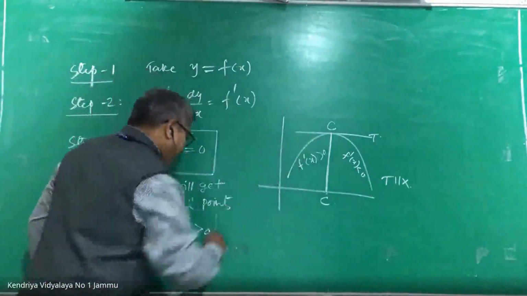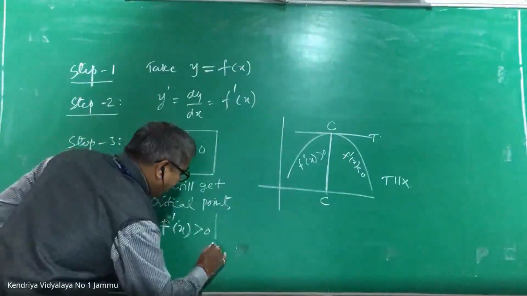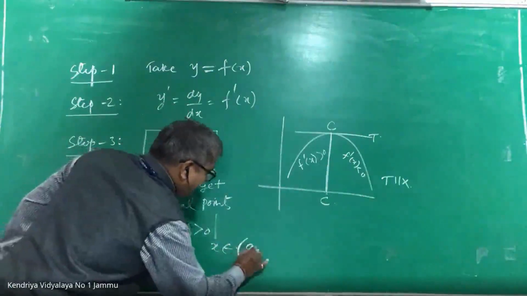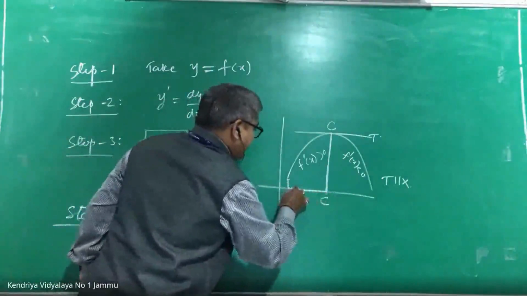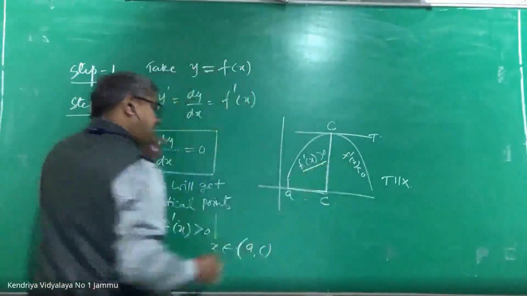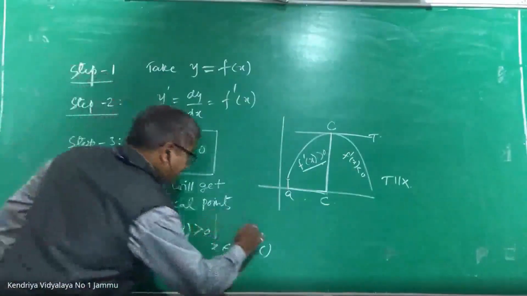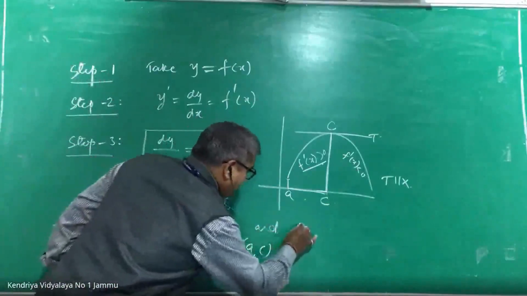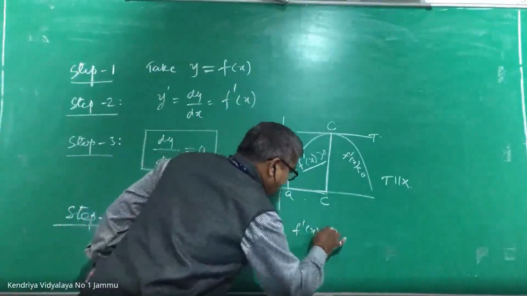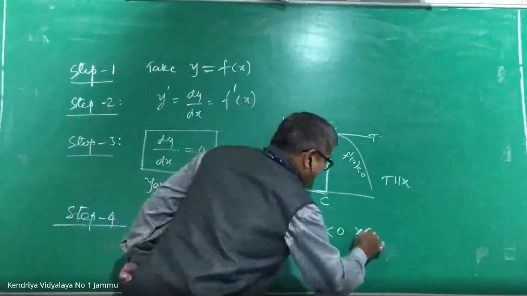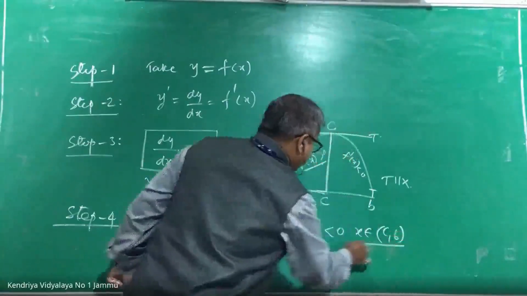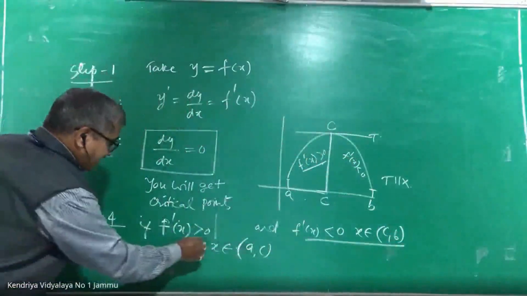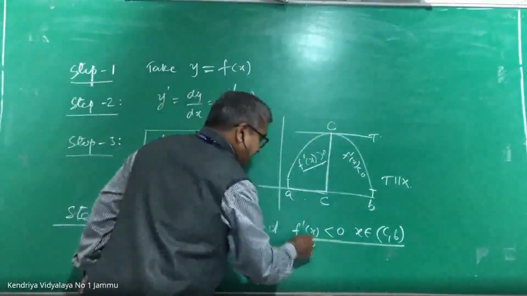I mean in the interval x belongs to A comma C, if f dash x is greater than 0 and f dash x is less than 0, where x belongs to C comma B in this interval. So first increasing and then decreasing.